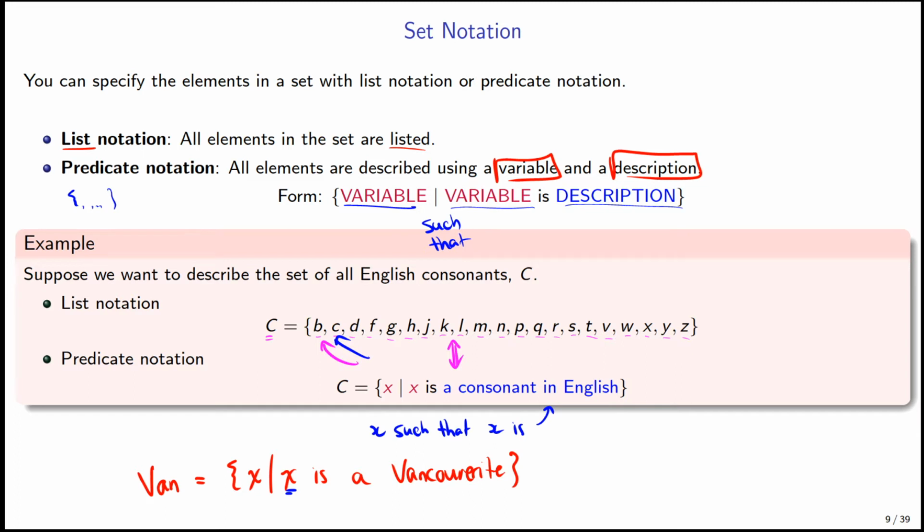And when it encounters something that is a Vancouverite, it's going to add it to the set Van. And it'll be the same thing as the set Van written in list notation. But the difference is, with predicate notation, we don't have to know exactly what's in it. We don't have to write all the elements out. But we're still describing the same set as if we were to write out all those things. So predicate notation is very powerful.